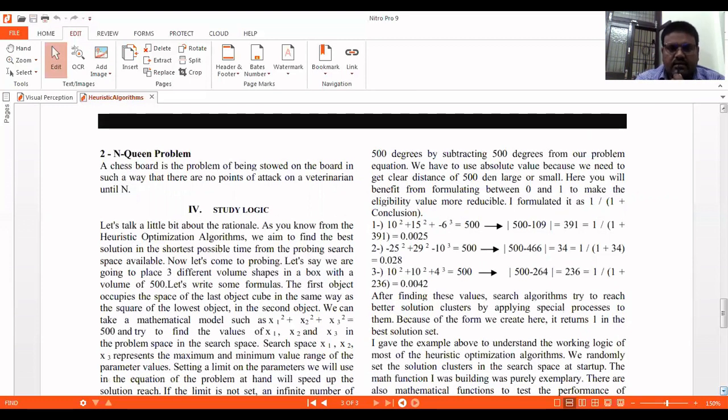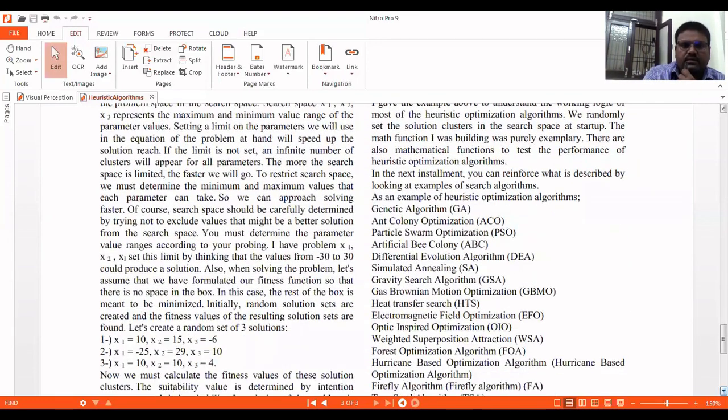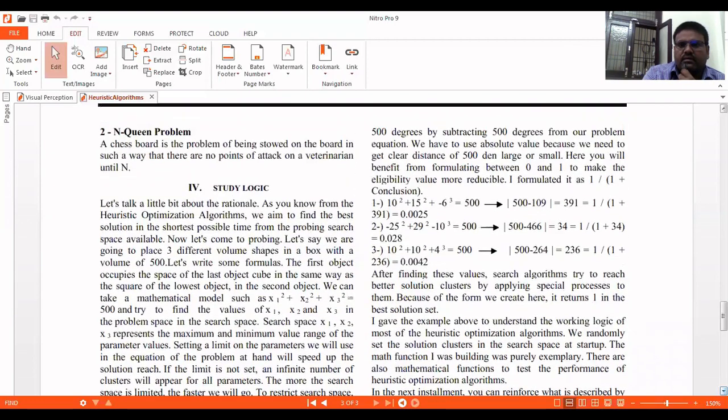So we will write 100 plus 225, minus 6 cube, which is minus 216, equal to 109.